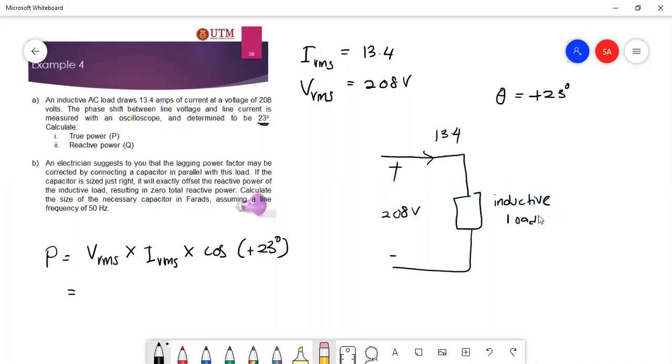Cos 23 degrees is 0.92, and this will give you the answer of 2564 watt.